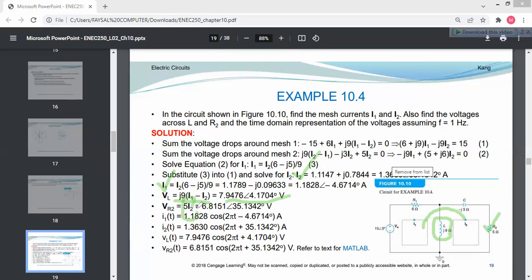So 5 into I2. Then now finding I1t and I2t, finding the A cos 2 pi t with the angle.